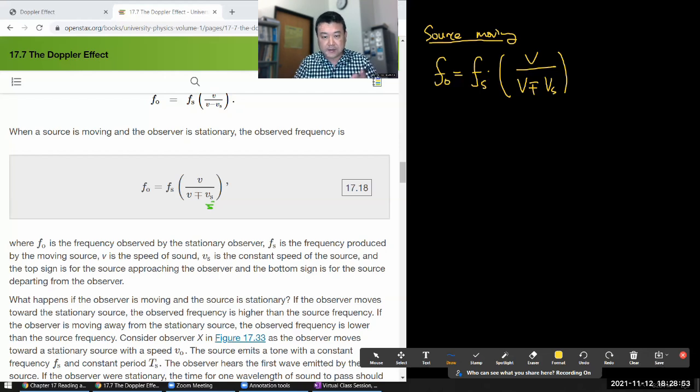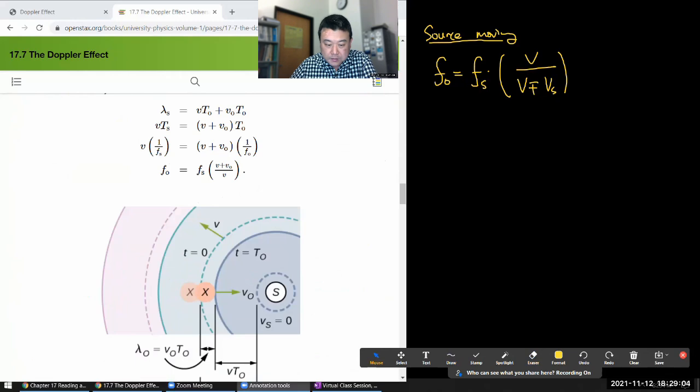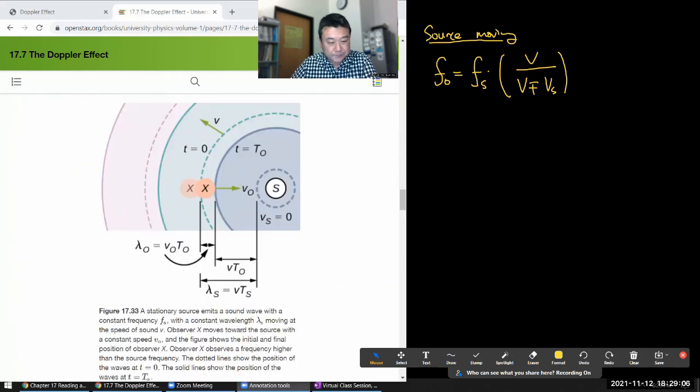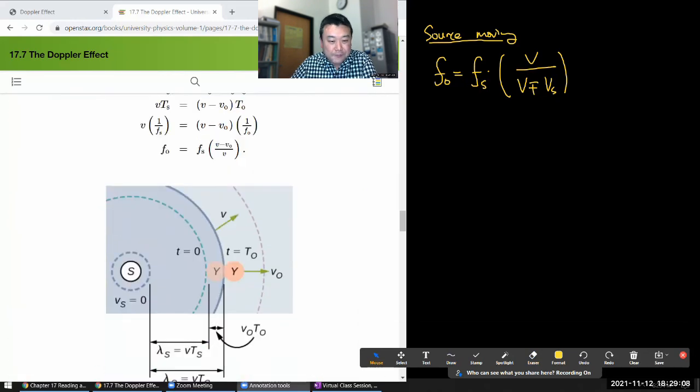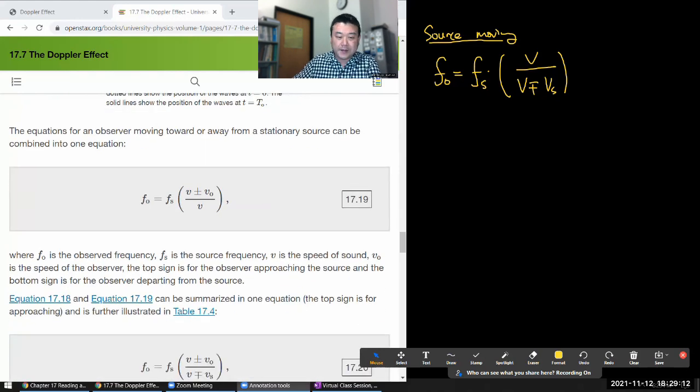And because of that asymmetry I was describing, there's a second formula for when the observer is moving and the source is stationary. And they go through this consideration again. I encourage you to follow this derivation on your own. And this is the formula. So this is the scenario where the observer is moving.